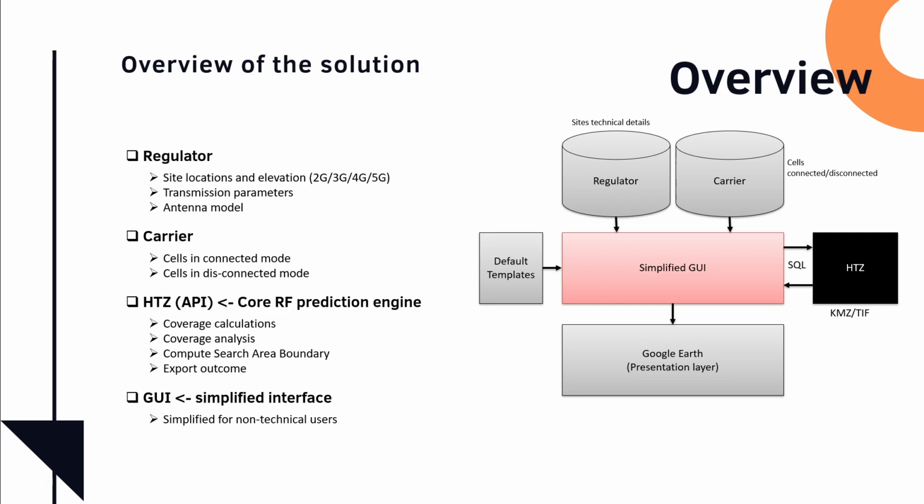What we designed in this project is a simplified GUI, a simple interface that non-technical people can use, something that they can actually use in a mission critical environment. A simple interface that doesn't ask you too many questions or so many technical inputs. You just want to simplify it. You want to be able to quickly find your area and limit the area of search.